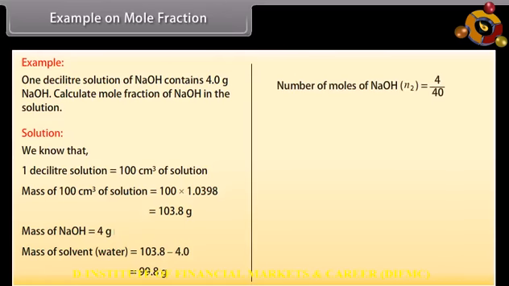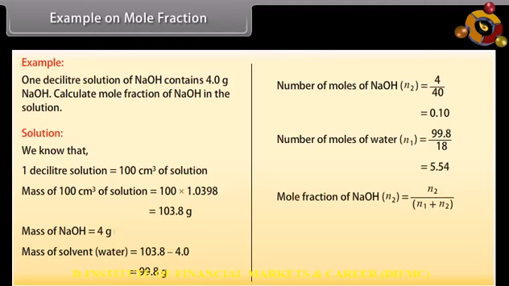Number of moles of NaOH, N2, is equal to 4 upon 40, which is 0.10. Number of moles of water N1 is equal to 99.8 divided by 18, which is equal to 5.54.